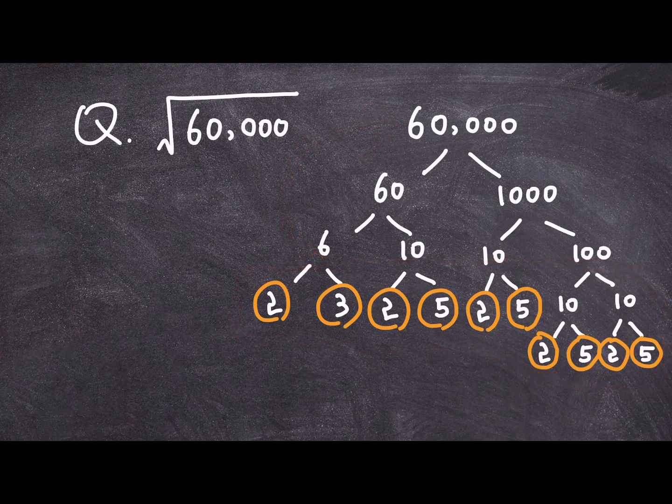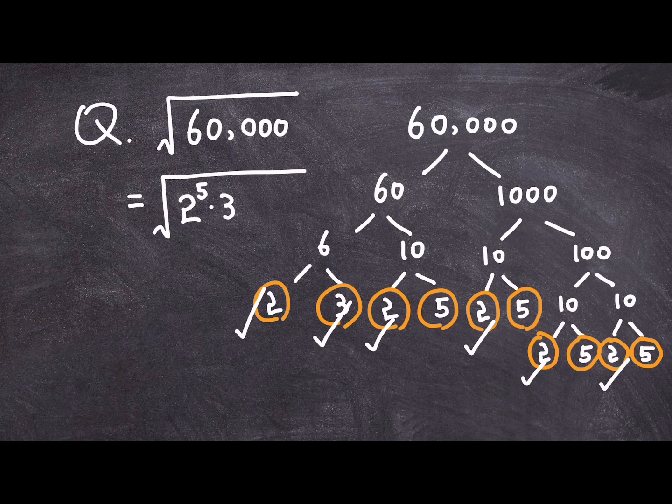So I can rewrite the square root of 60,000 as follows. Square root of, how many 2's do I have? 1, 2, 3, 4, 5. So 2 to the power of 5. And how many 3's do I have? I have 1 and no more.